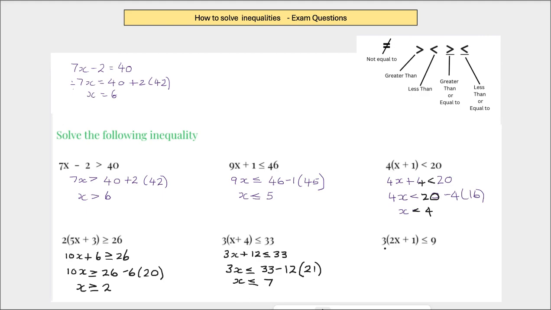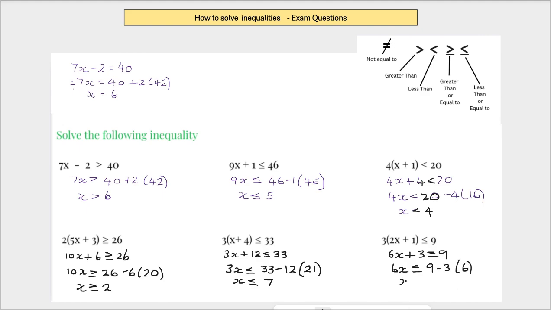And the next one, 3 times 2 is 6x. 3 times 1 is plus 3. Less than or equal to 9. Okay, same again, 6x less than or equal to. Remember we take 3 over, we change the sign, so that's a negative 3.